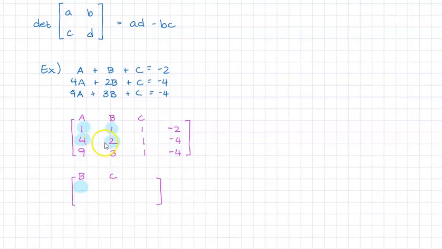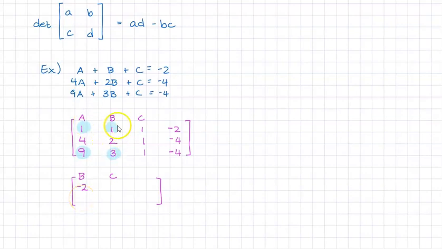Okay, so going back to the beginning, remember we're looking at these four numbers here to figure out what goes there. So 1 times 2 is 2, 1 times 4 is 4, so 2 minus 4 is negative 2. That's what's going to go right there. Now to get this value, we're going to use those four numbers.